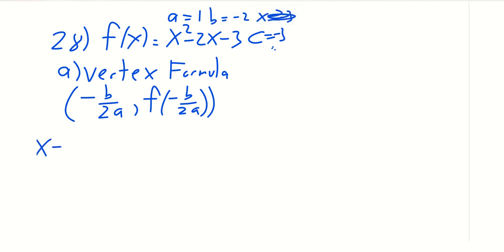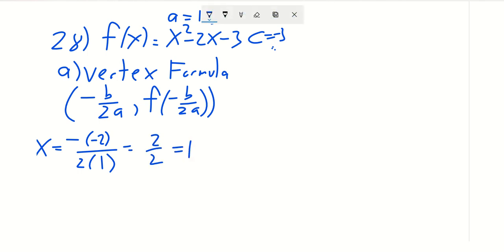So let's find the x-coordinate of the vertex first. It's going to be the opposite of b divided by 2 times a. That's going to be the opposite of negative 2 divided by 2 times 1, which is going to be positive 2 over 2, which is positive 1. So 1 is going to be the x-coordinate of the vertex.